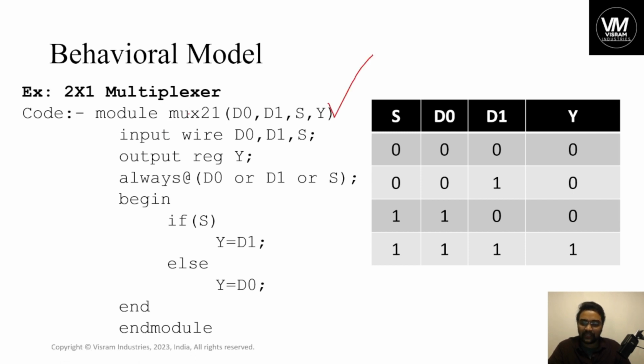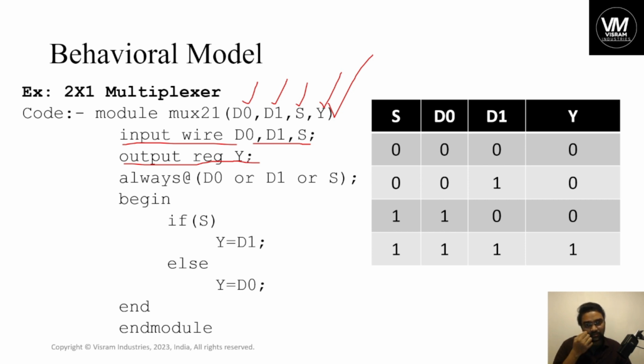We are doing multiplexer 2 to 1, and we need to declare the data inputs, the selection input, and one output. As I have told, inputs are wires: D0, D1 and S, and outputs are registers: reg Y. So all the inputs are wires and outputs are registers.